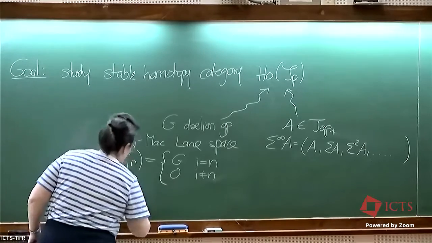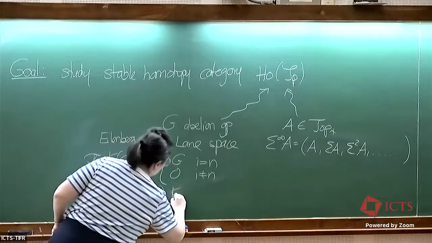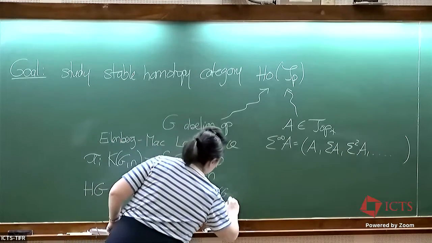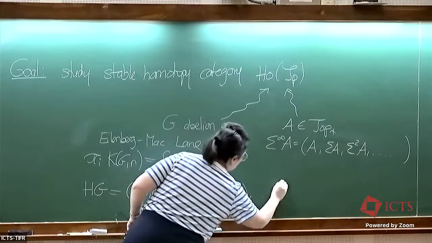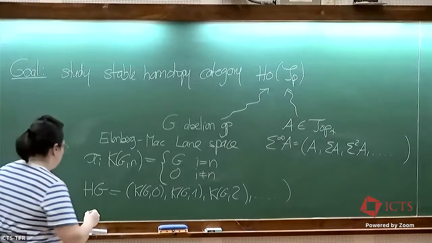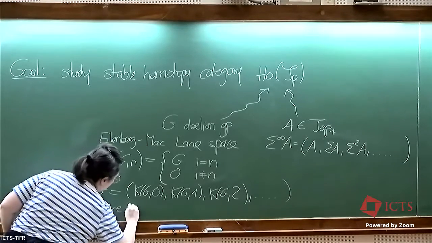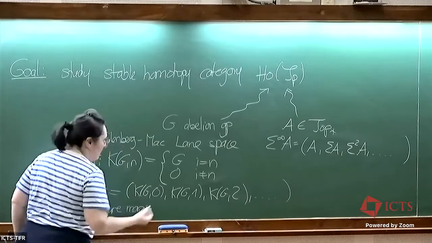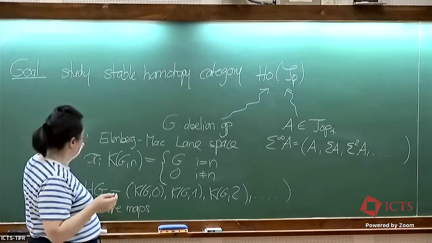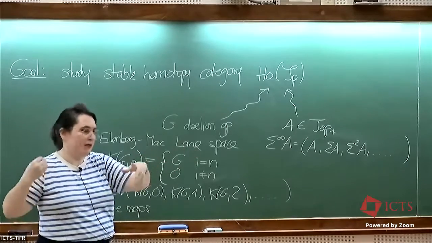So you can form a spectrum by taking all the Eilenberg-MacLane spaces of G, and the structure map would be adjoint to the equivalence that identifies K(G,n) with the loop space of K(G,n+1).